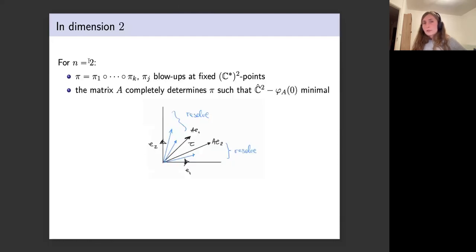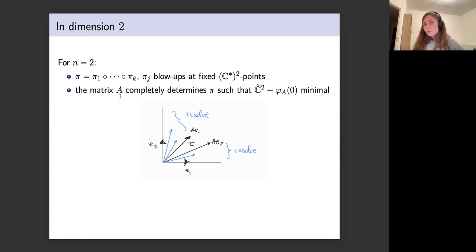And the remark in dimension 2 is that just knowing this matrix, which describes to you this affine chart given by sigma, completely tells you what the blowup is, or in other words, completely determines the blown up C2 that you get globally if you ask the condition that this is minimal. Why?